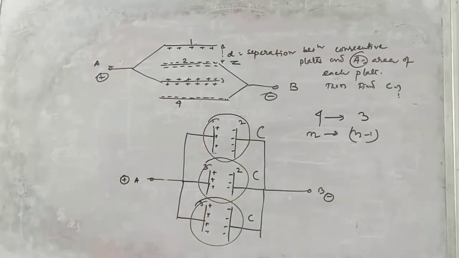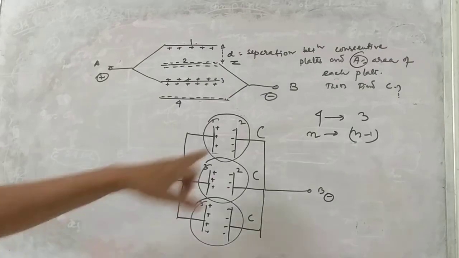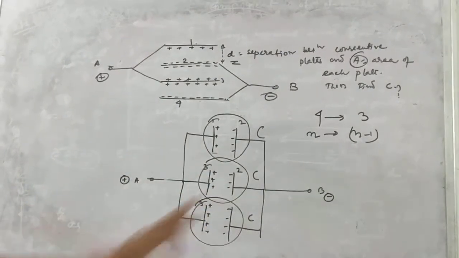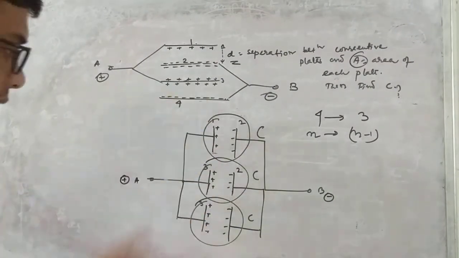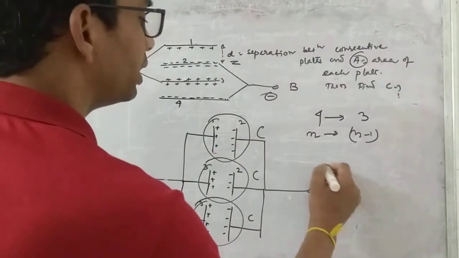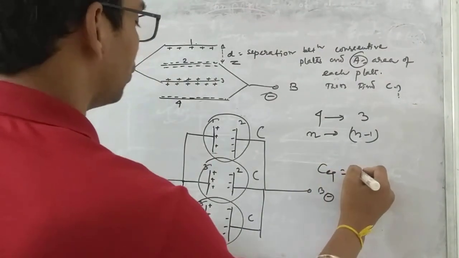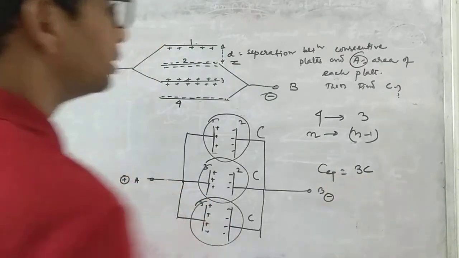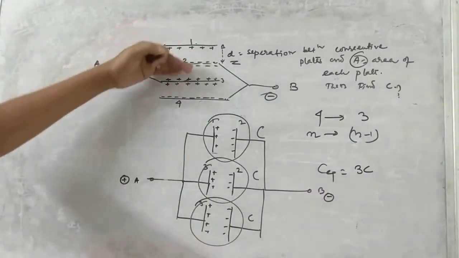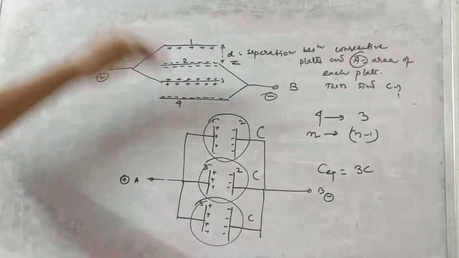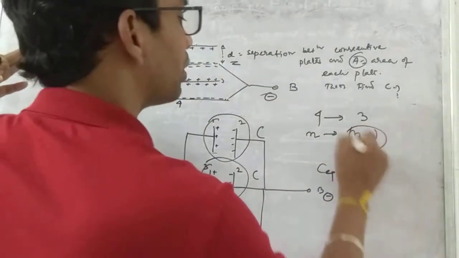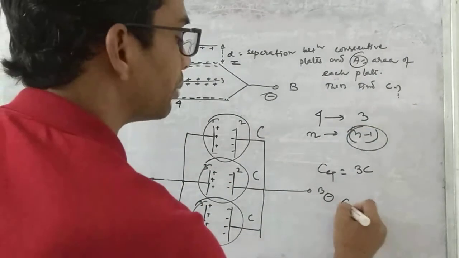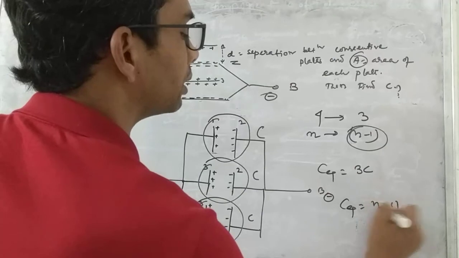Since they are connected in parallel, the equivalent capacitance becomes 3C. So if you have n plates, there are n minus 1 capacitors, and the equivalent capacitance becomes (n minus 1) into C.